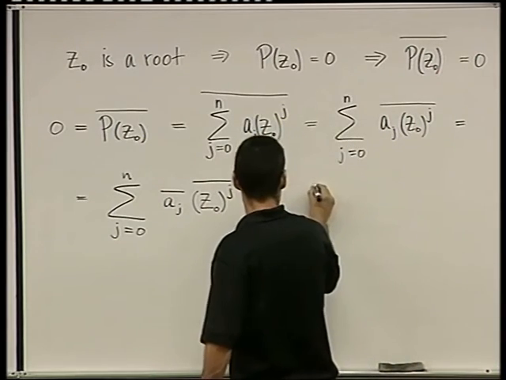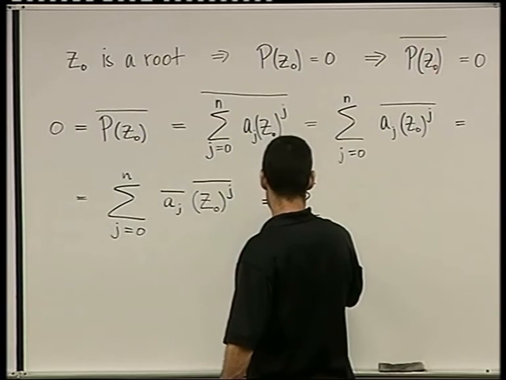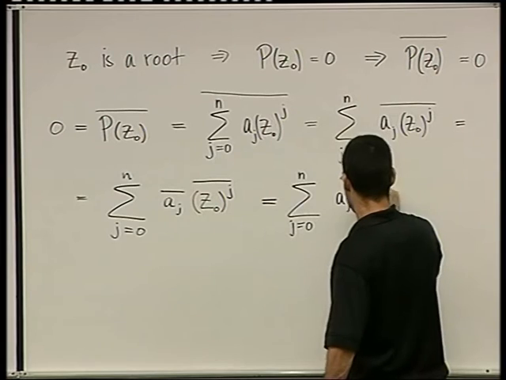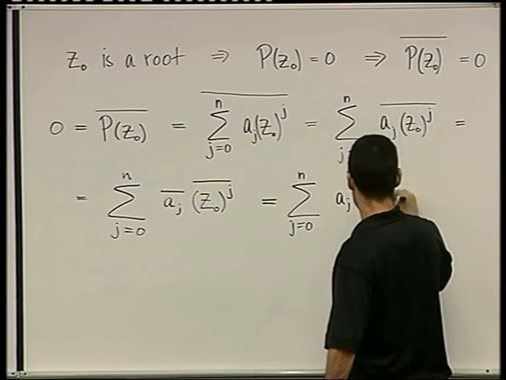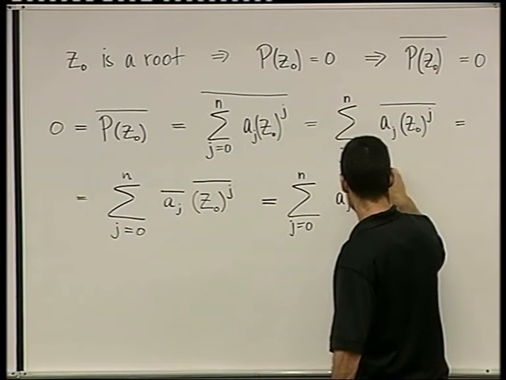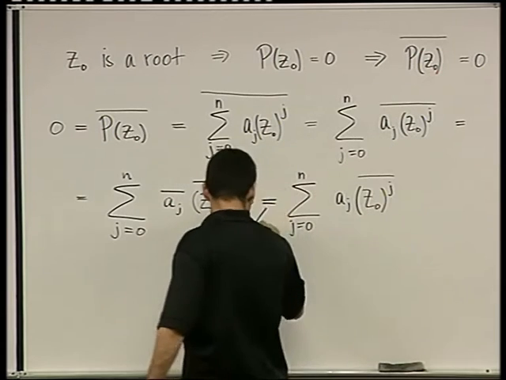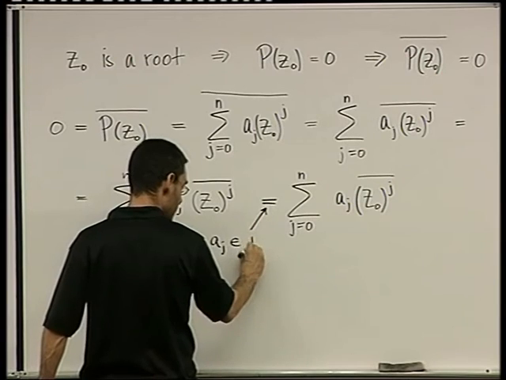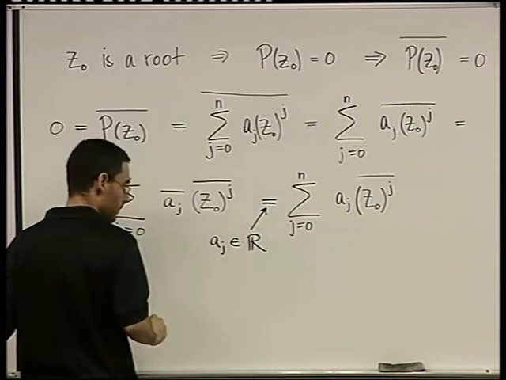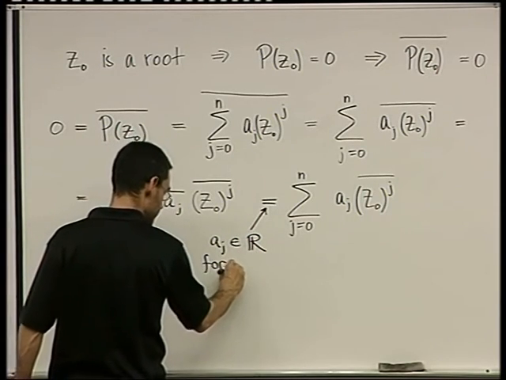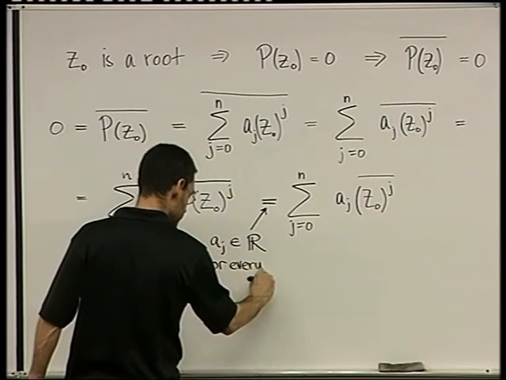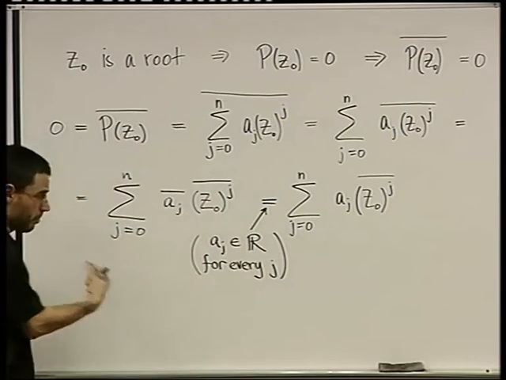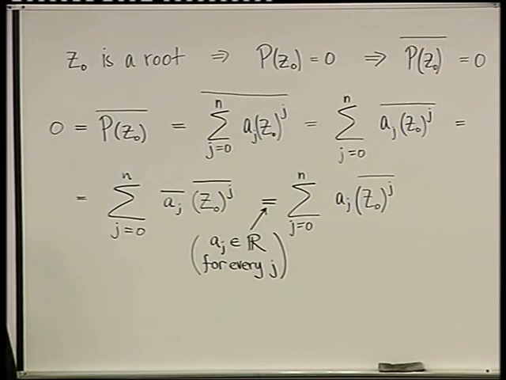So here I can replace with the sum, j equals 0 to n, of a_j without the bar, times z0 to the power j bar. So here I used the fact that a_j belongs to the real numbers for every j. So here I use the assumption of the theorem, and I would not be able to take this step without that assumption.